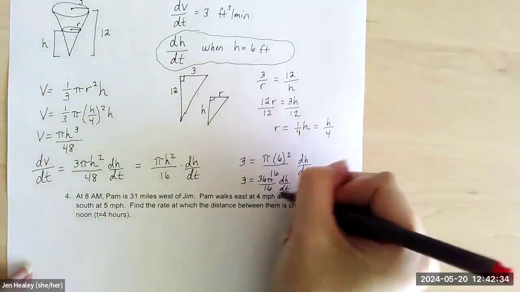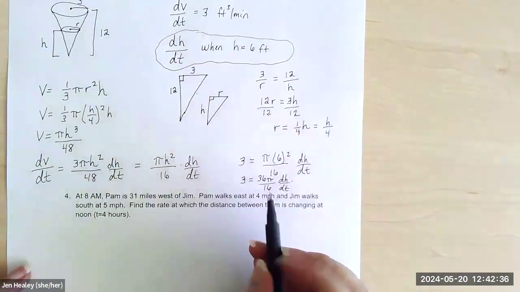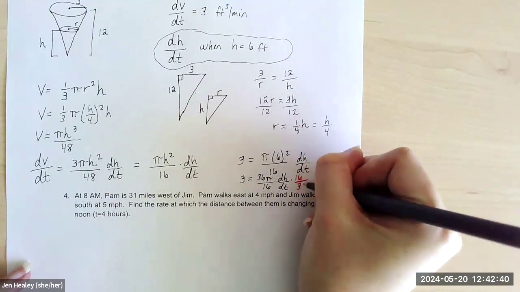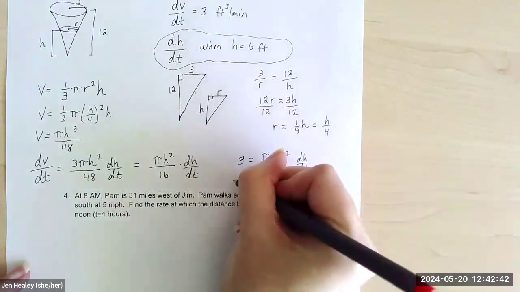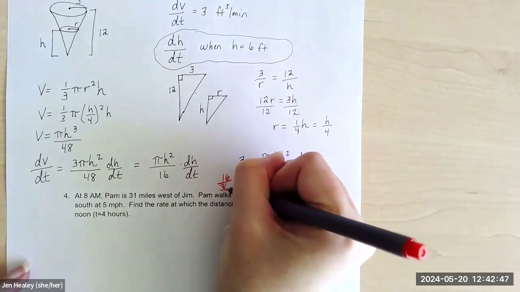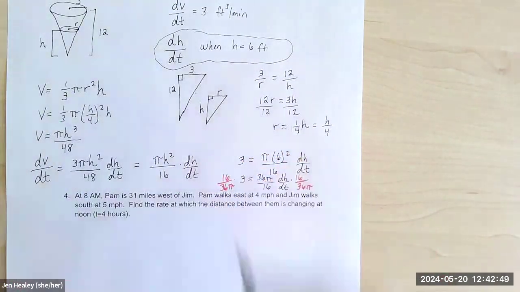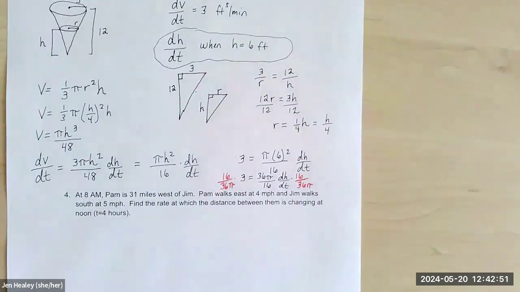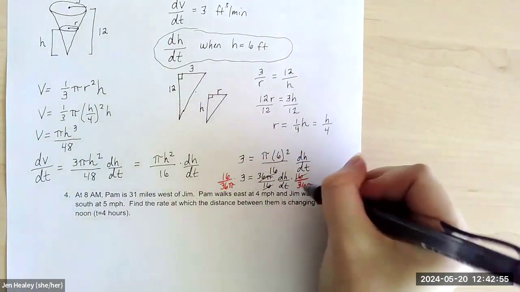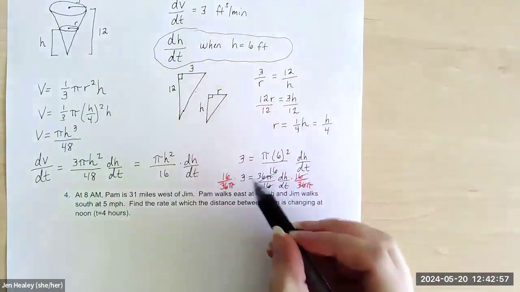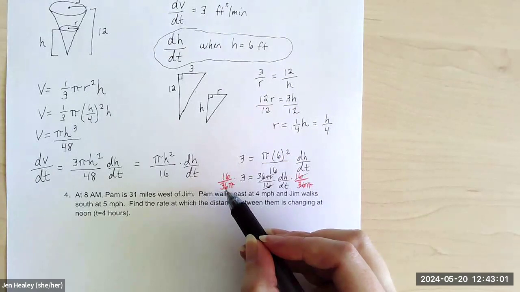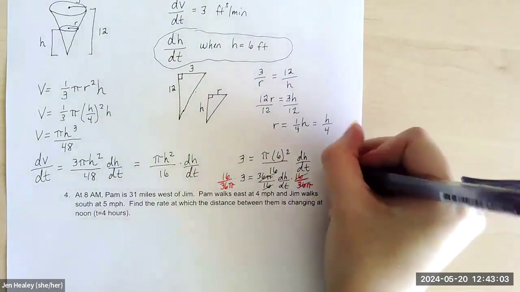And then if you want to get dH dt by itself, we need to multiply both sides by the reciprocal of 36 pi over 16. So we're going to multiply by 16 over 36 pi on both sides. So 3 times 16 is 48 over 36, and 48 over 36 is 4/3.